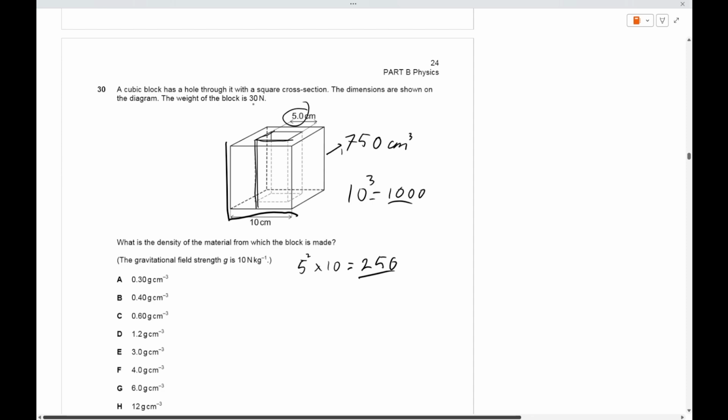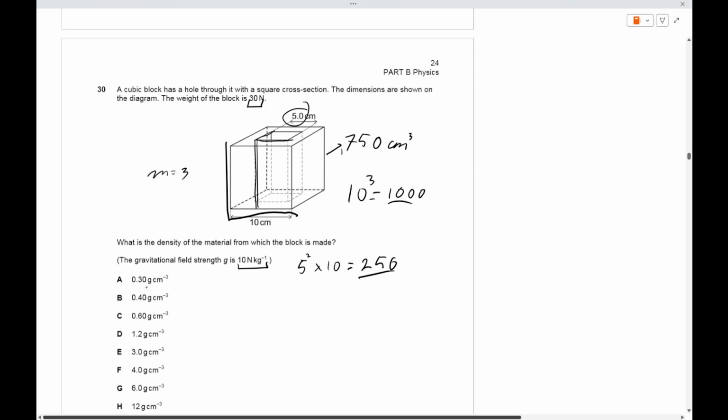We've established that. Then you know that the weight of the shape is 30 newtons. Since g is 10, the mass is going to end up being 3. To find the density, you have to do the mass divided by the volume.